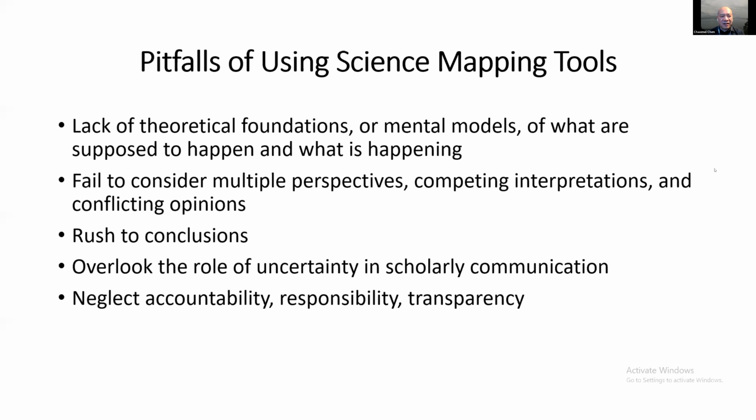The second one is that we often fail to consider multiple perspectives. We take one perspective and we could jump to a conclusion, and that's simple, that's easy to do. But in reality, we could do better if we can accommodate multiple perspectives, especially competing interpretations. Both of them can be true at the same time, but how can we resolve it? And also conflicting opinions. We want to identify the reasons, what makes them reach different observations and different conclusions.